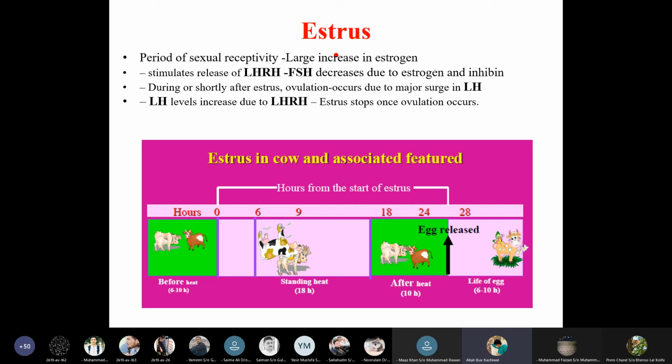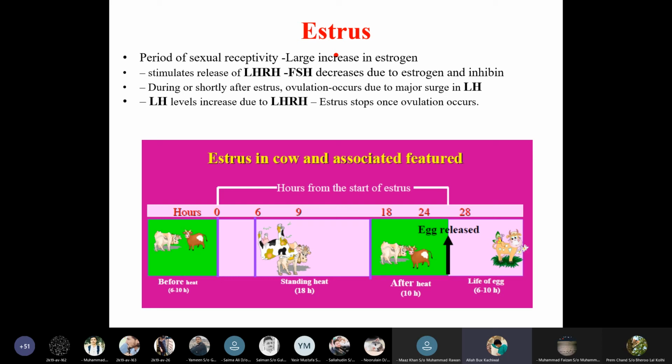So these are the phases in which, on the zero level, if you see that 6 to 10 hours before heat, the animal does not allow a male to come near the female. When the standing heat comes, the animal allows a male to perform mating or coitus, whereas after the heat, after 10 hours, the eggs are released, and then again the animal does not allow a male near a female.